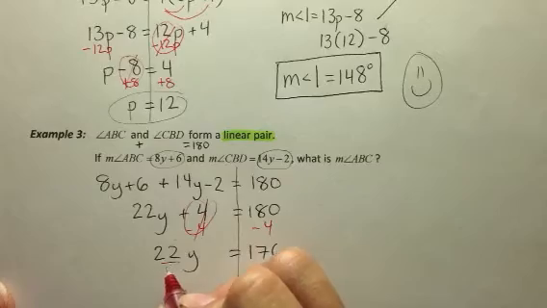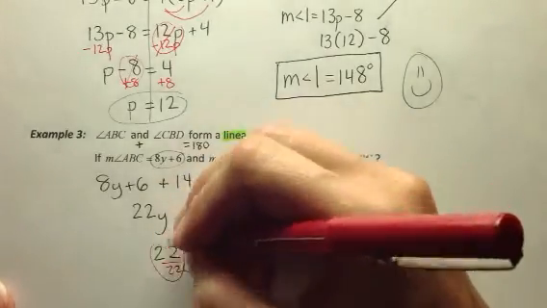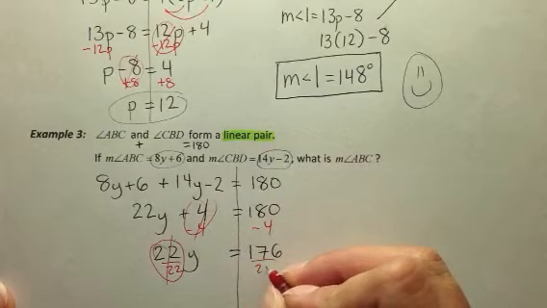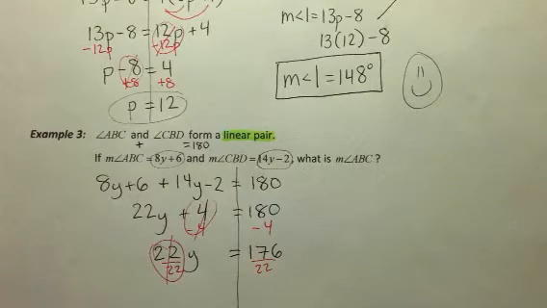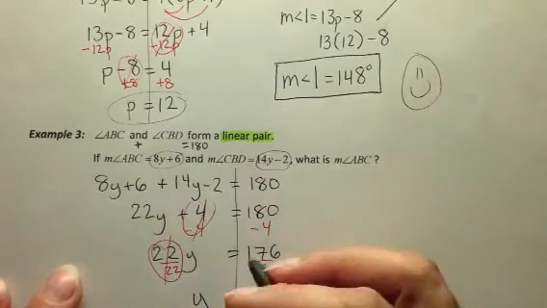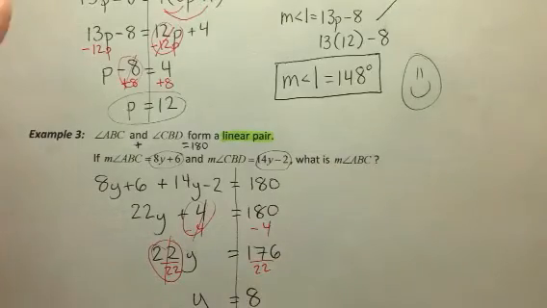The opposite of multiplying is dividing. It's going to give me 1, but 1 times y is just y. And I have to do it to both sides. So let's see, I'm going to use my calculator. 176 divided by 22. And I get 8. So I got that y is equal to 8.